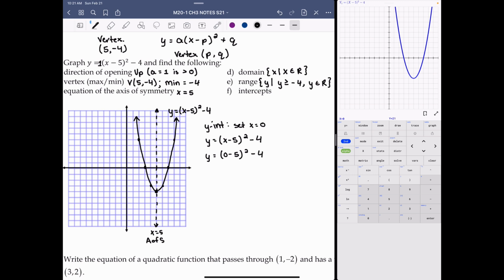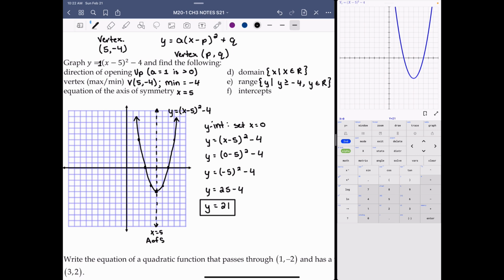And solve for y. y equals negative 5 squared minus 4. 0 minus 5 is negative 5. Negative 5 squared is positive 25. You can always use your calculator to do that. Make sure you put the brackets in the calculator though, otherwise it will give you negative 25, which is incorrect. So this is 25 minus 4, and 25 minus 4 is 21. So y equals 21 is the y-intercept, which is the same as what our calculator told us.